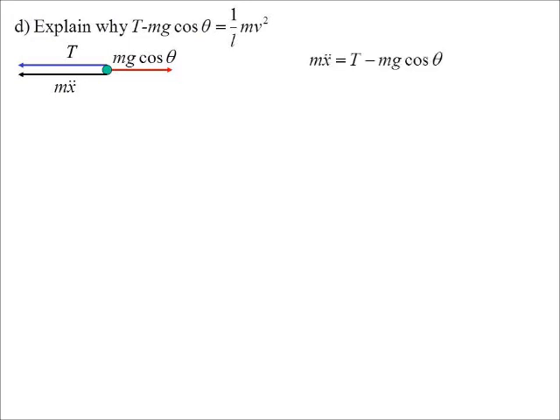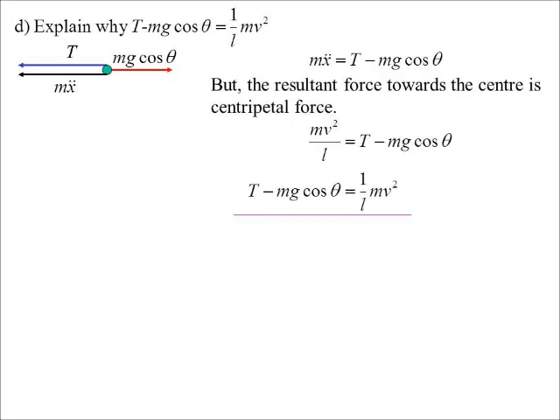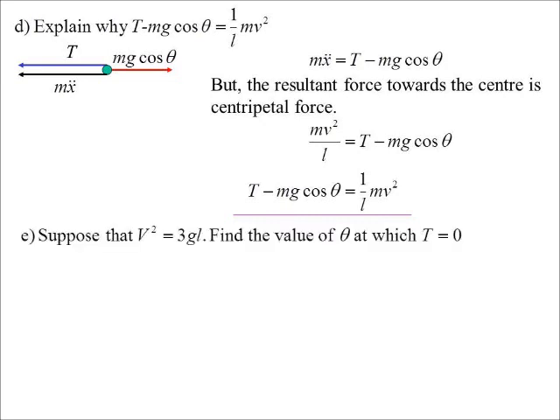So in this case, m x double dot, I can replace with mv squared on, well, normally we'd say r, but they've said r is the length of the string L. So mv squared on L is equal to T minus mg cos theta, and I just rearrange that. So D was really just resolving the forces horizontally.